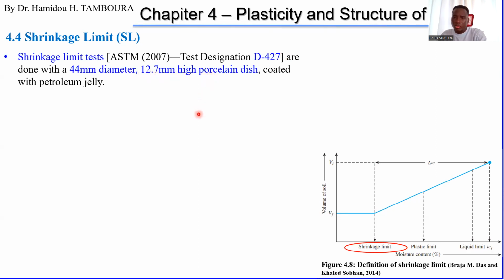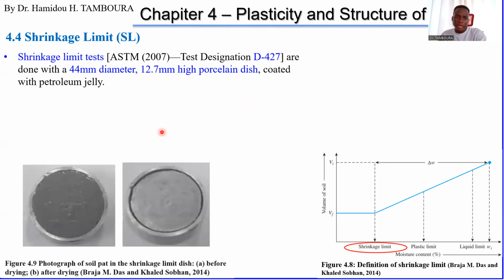This is coated with petroleum jelly. You see this dish, it has this dimension: 44 millimeter of diameter, 12.7 millimeter of height. Inside, we coat it with petroleum jelly. This is the American standard designation D427.